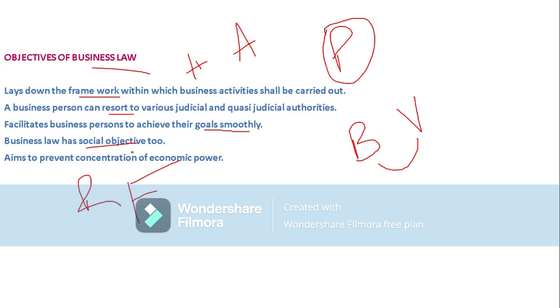So there we should have a social objective that competition should be within legal aspects and in an ethical way. Moral values should be followed in order to be competitive in the market. So anti-competition laws were also made. The persons who undertake unfair practices in order to be in competition will definitely be punished by these anti-competition laws.